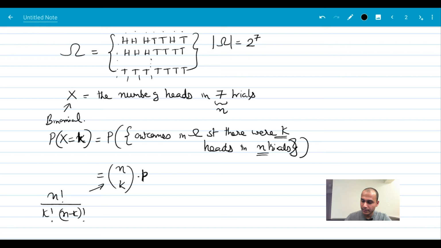Then this p is the probability of heads. I'll raise it to the power k because there have to be k heads, and then 1 minus p is the probability for the remaining n minus k trials, where it has to be tails, for that outcome. And there are this many such outcomes which have k heads. So this is the probability of X equal to k. So this is the derived probability law for the Bernoulli random variable.